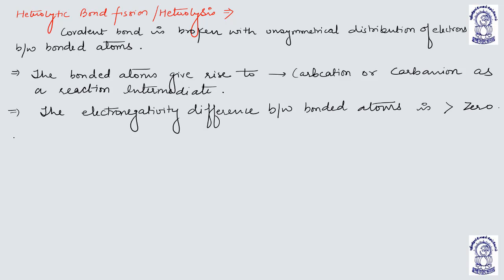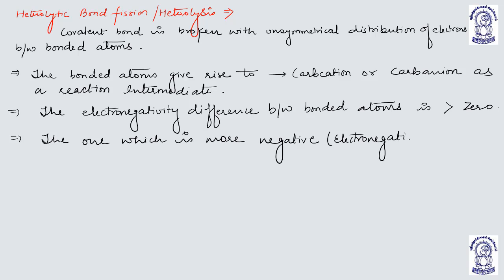The one which is more negative means more electronegative, and it will shift the electron density towards itself and becomes an anion.